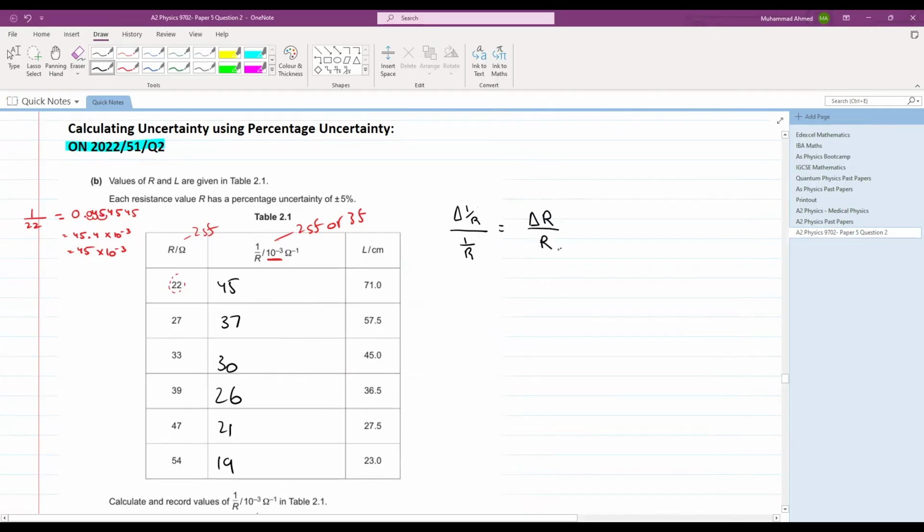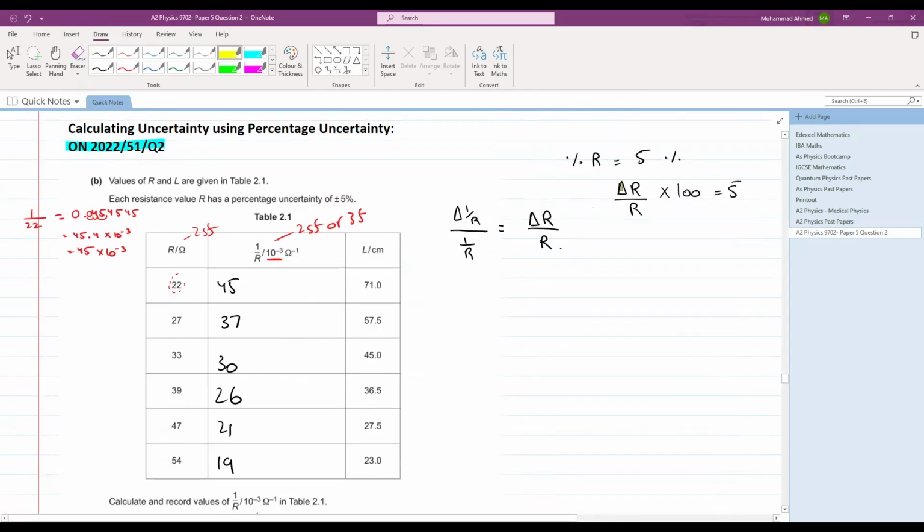Perfect. Now here you have to apply some basic logic. If your percentage uncertainty of R is 5%, what does this mean? This means absolute uncertainty of R divided by R multiplied by 100 is equal to 5.